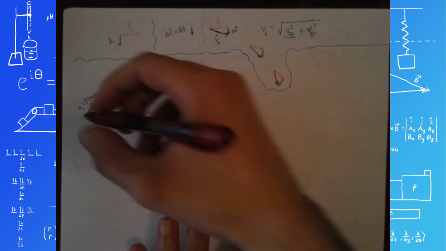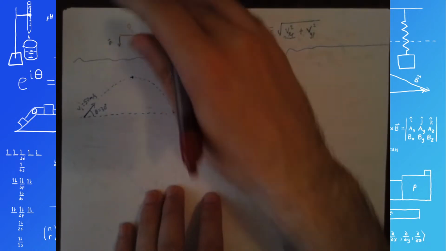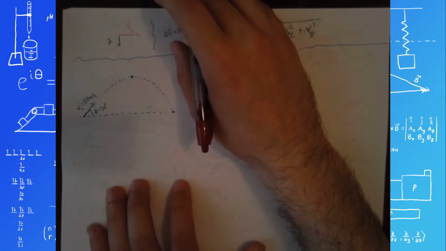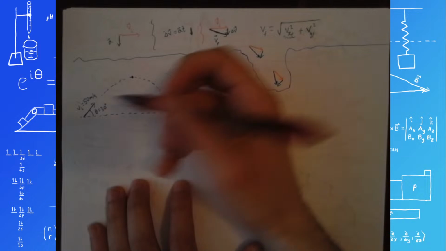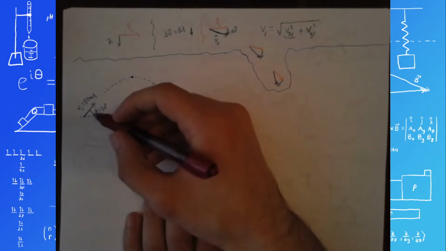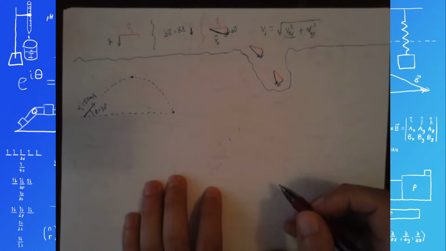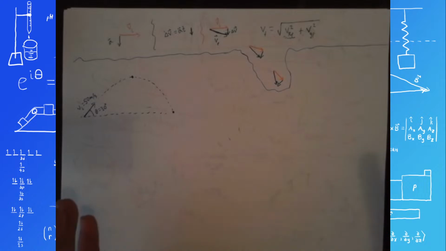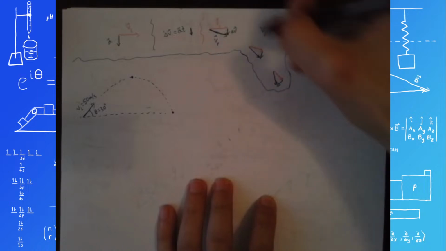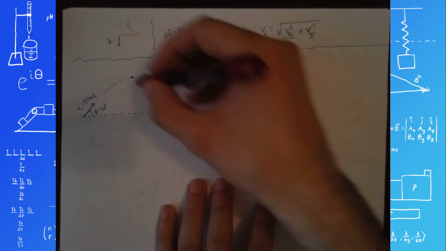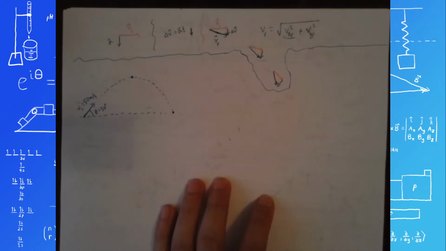Right, so the additional twist here is just the vector decomposition. So we have this V initial, and what we would like to do is unpack it into two separate one-dimensional kinematics problems. Because drawing these vector diagrams for moment to moment is kind of tedious, and there's an easier way.